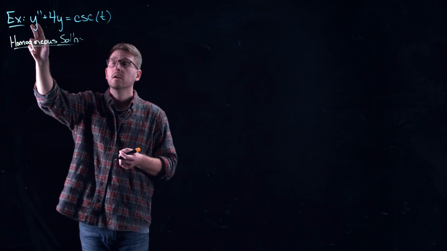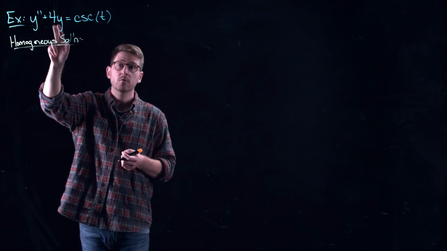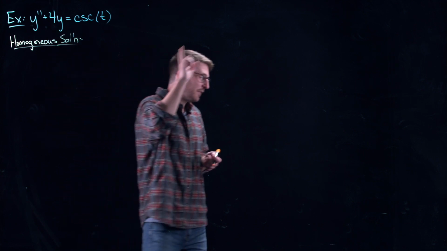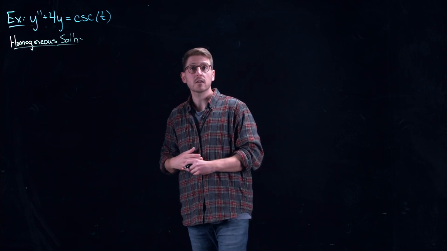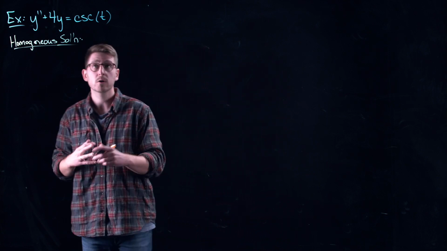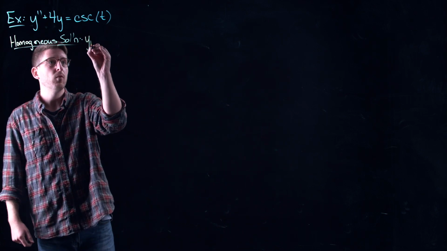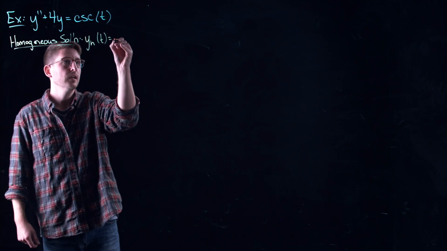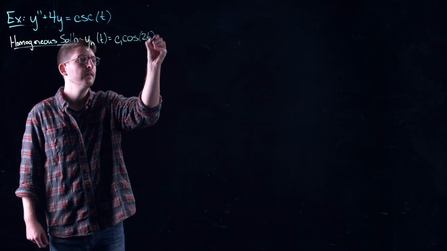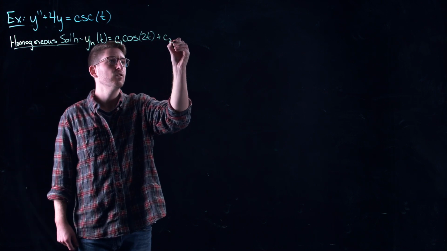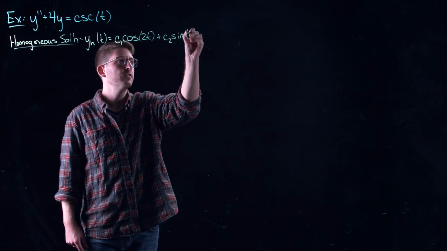So in my case, I get r squared plus 4 for a characteristic equation. That has roots plus or minus 2i. We have already handled the case of complex conjugate roots. So in this case, I get y_h of t is c1 cos of 2t plus c2 sine of 2t.